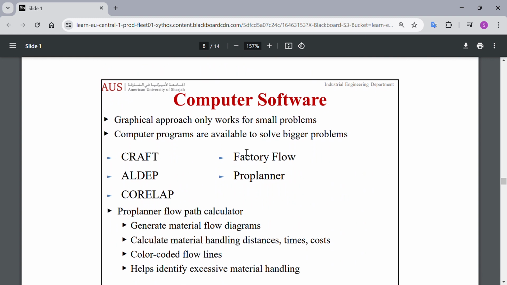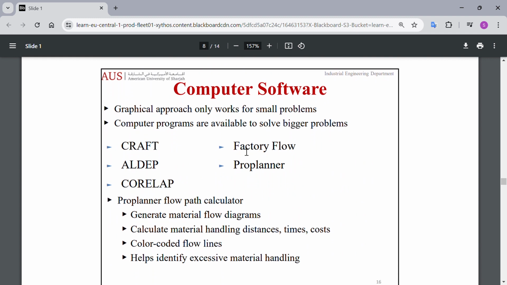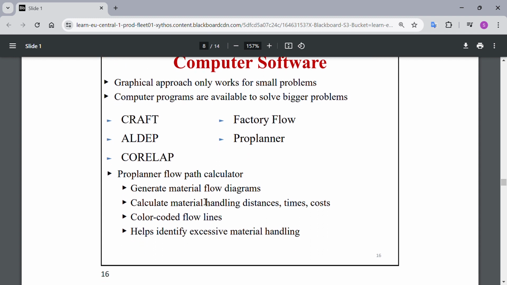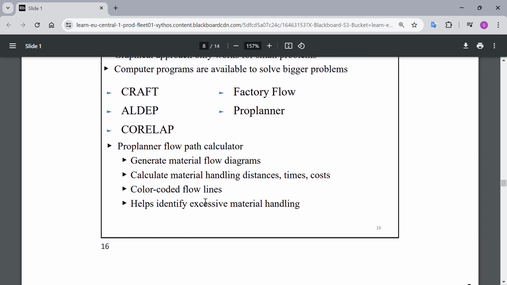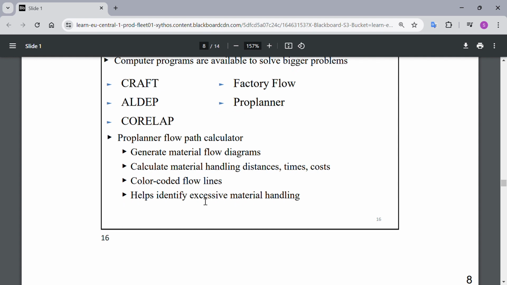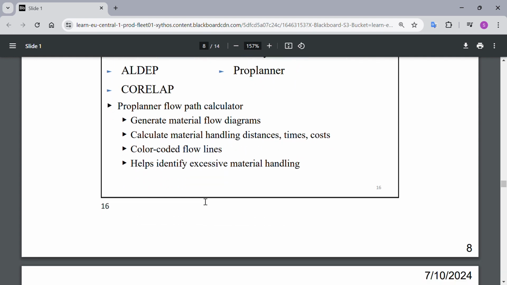We need the aid of computer programs such as CRAFT, ALDEP, Factory Flow, ProPlanner, and CORELAP. ProPlanner's flow path calculator generates material flow diagrams, calculates material handling distances times cost, and produces color-coded flow lines. It helps identify excessive material handling.